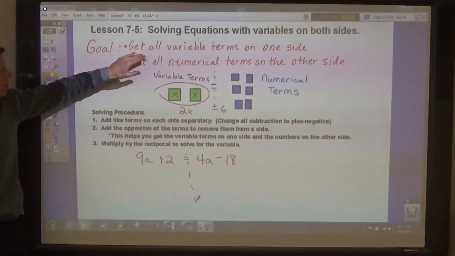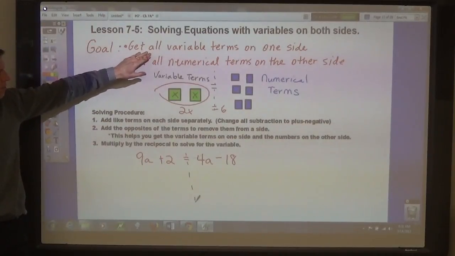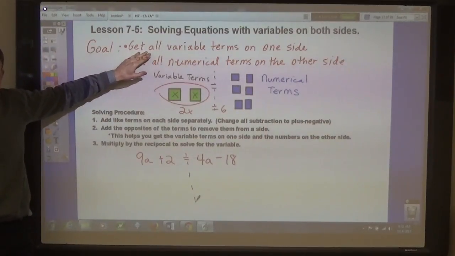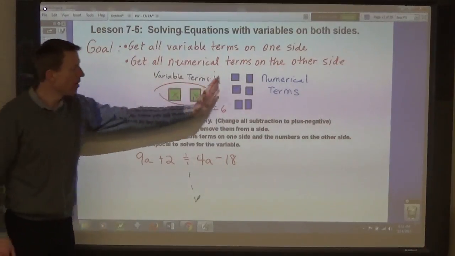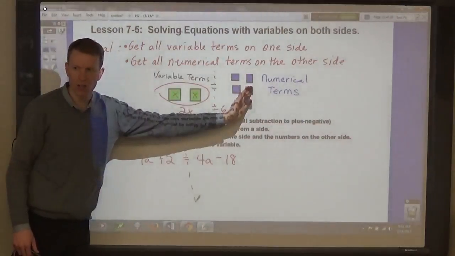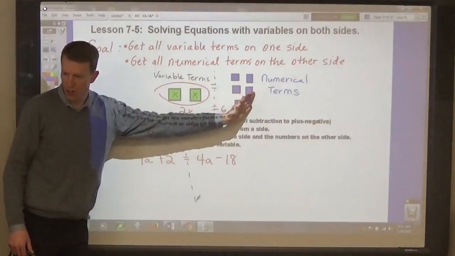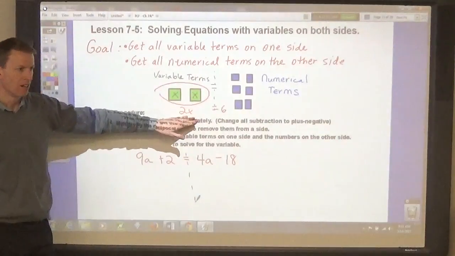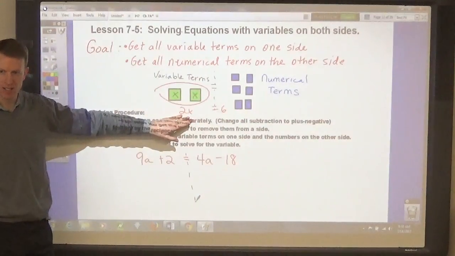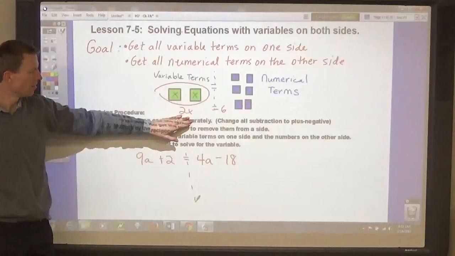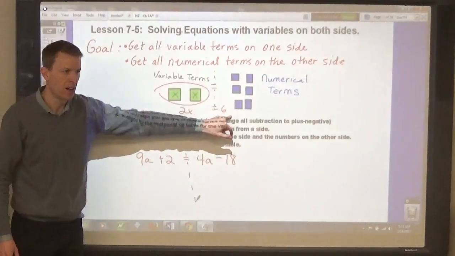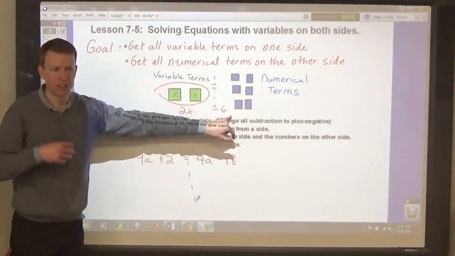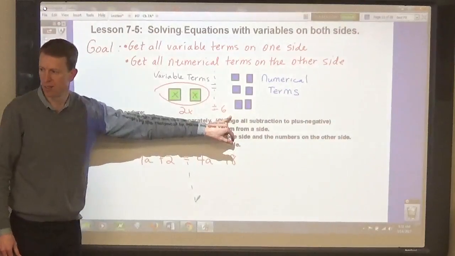So our goal will be to get all of the variable terms just on one side of the equation, and to get all the numerical terms, the ones without a variable, on the other side of the equation. So that you have a coefficient term like 2x, and a number on the other side equals a number, like 6.